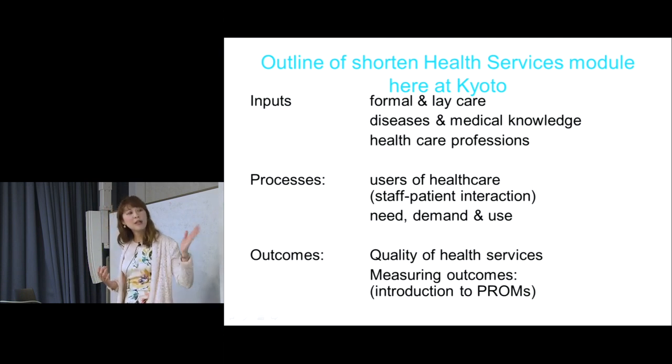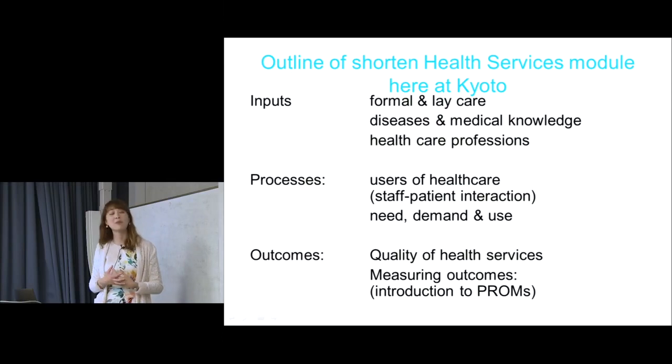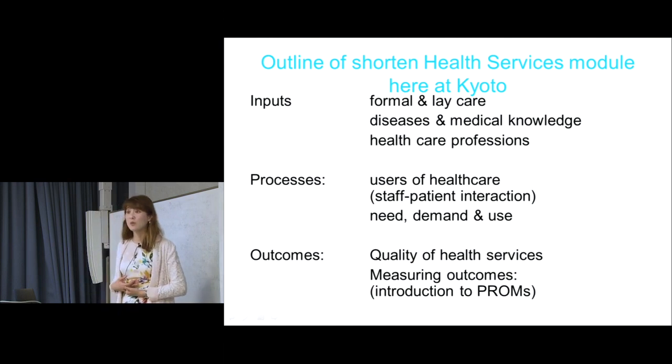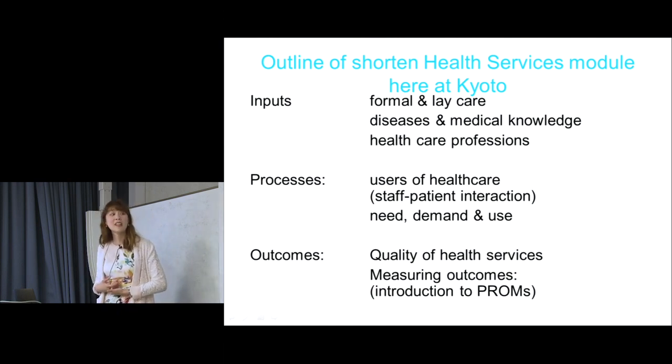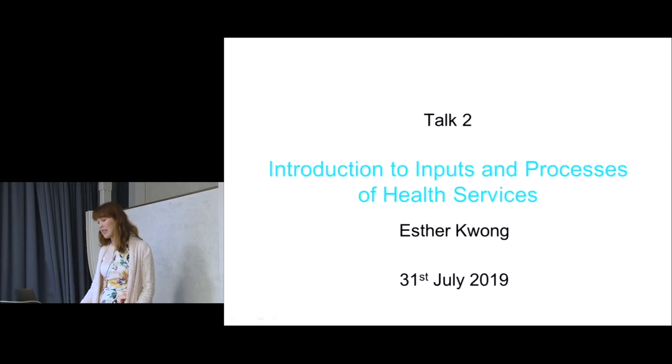Then on Monday and Tuesday, we'll look at quality of health services, what quality means in a little more detail, and how we measure outcomes and what the challenges are. My own specific interest is measuring effectiveness with patient-reported outcome measures and how we can use PROMs, so I'll talk a little about that as well. So this is the plan for the week together.